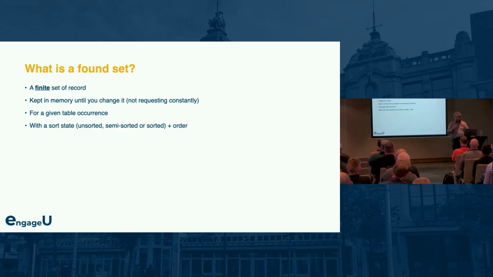That would be semi-sorted, so you sort some records, but new records in the found set are not sorted. The same situation still happens if you show all records, and you sort records, and other users on the network create records. So these records are not sorted. That's semi-sorted.